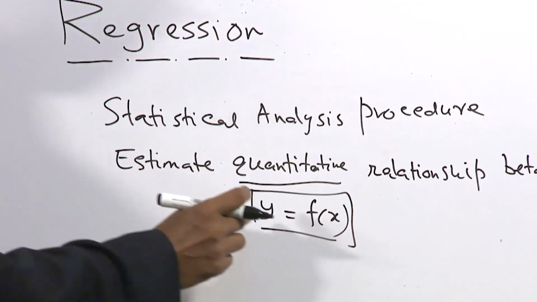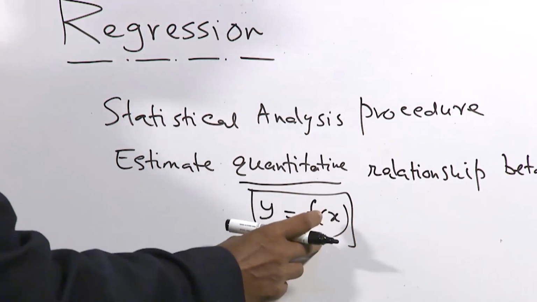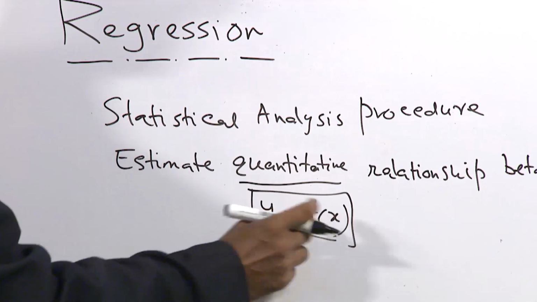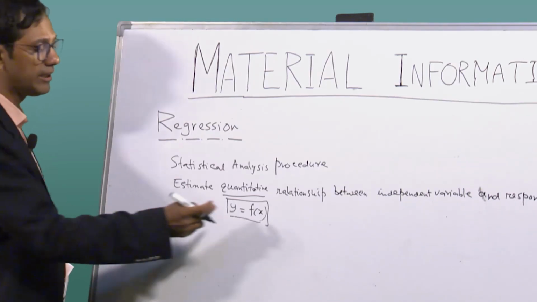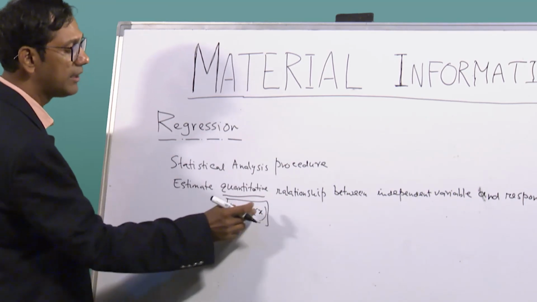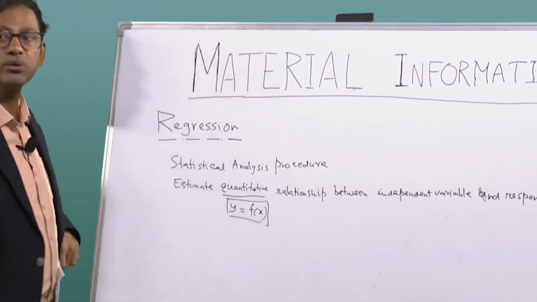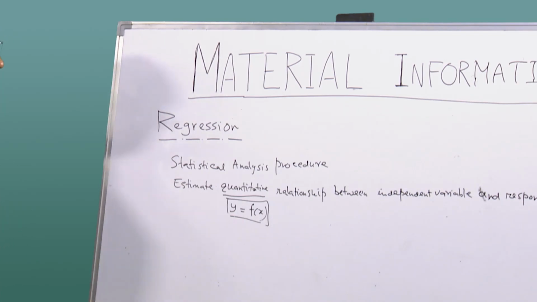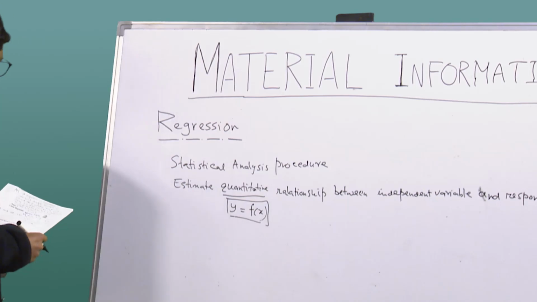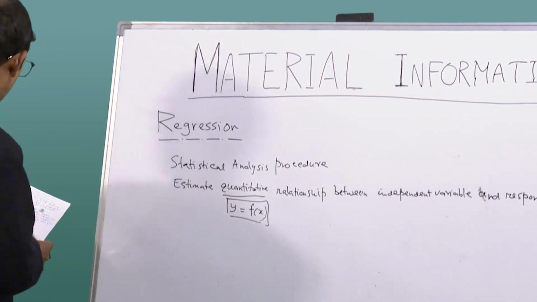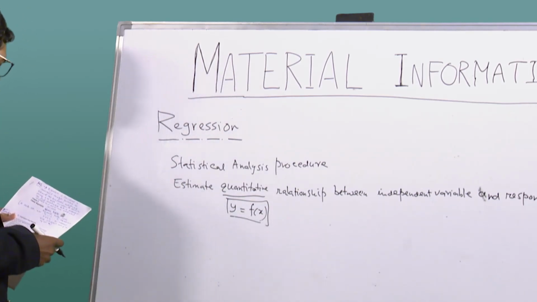Machine learning wants to predict the value of y for a new value of x. So first you have to train the model with the given data, so that you can understand the relationships. Once the relationships are known, then for any unknown value, any new value of x, it is very easy to find out the value of y. So this is the main aspect of regression. Try to understand that.